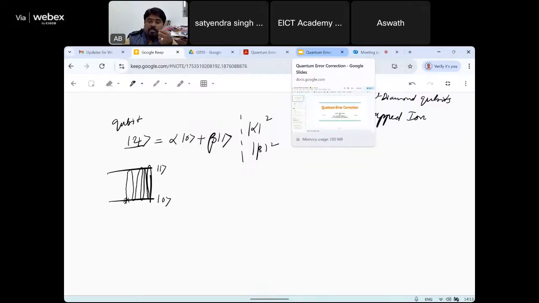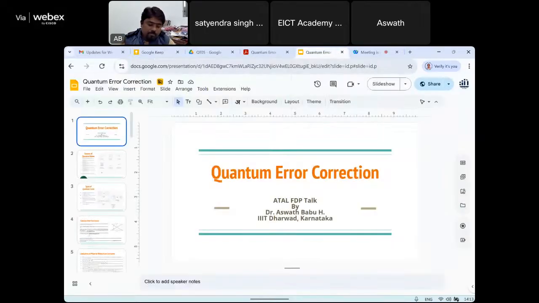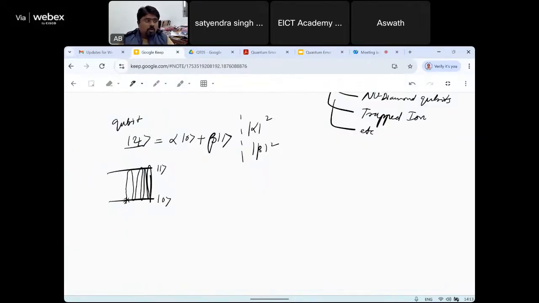Just like if I toss a coin, it should be flipping between head and tail, head and tail. When I try to catch it, it should fall to one of the states. This is a qubit for us, but it has to oscillate with a certain frequency. It will not oscillate like that because of the environment around.